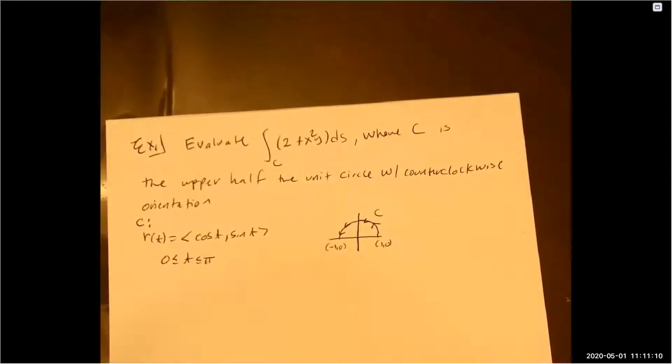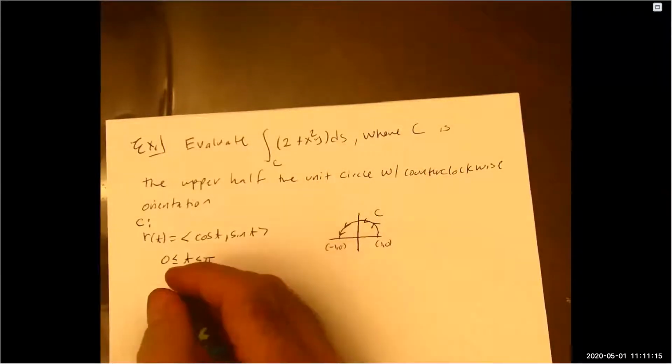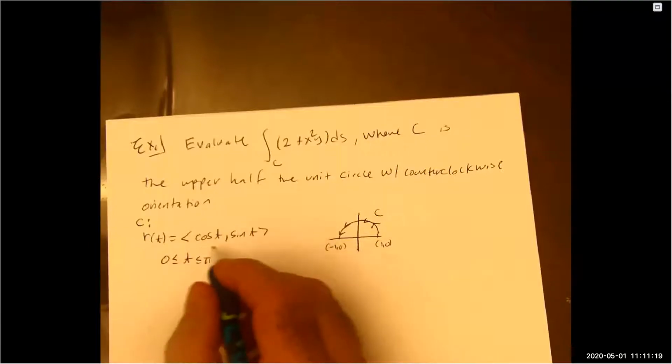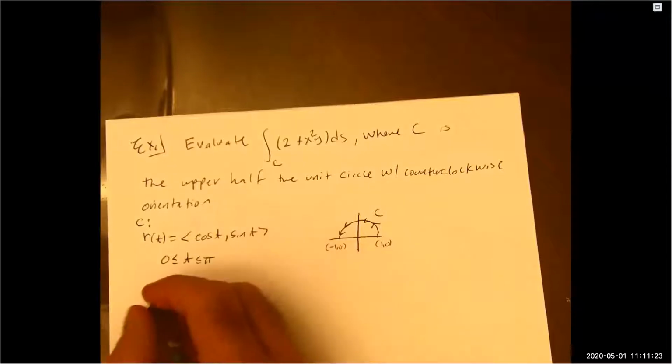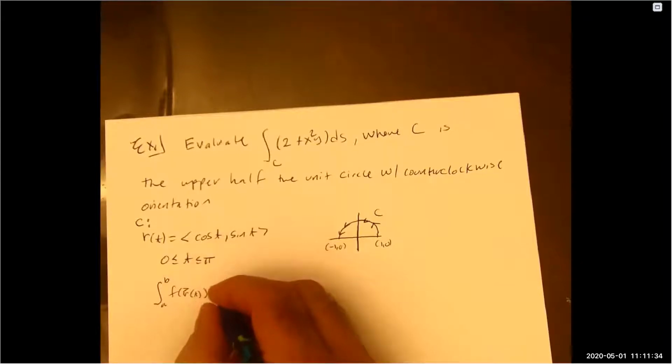All right, so if we look at our line integral, according to our formula, remember the formula is this: we're going to have the integral from a to b of f of r of t times the speed dt.